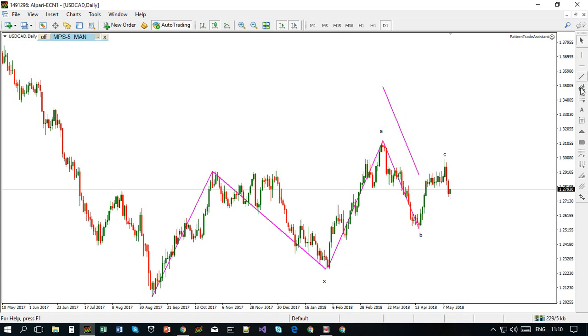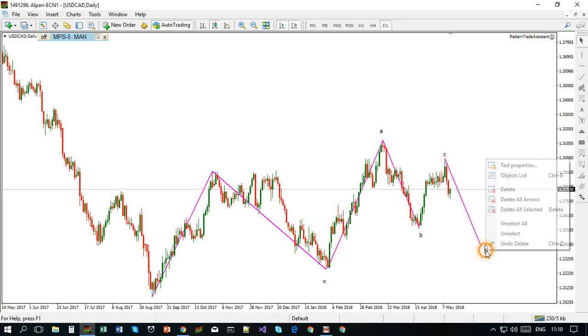Take this channel tool, it is pretty convenient to draw the ABCD pattern. Simply stretch this to the C, something like this. So the AB leg equals the CD leg. We don't have the CD leg completed yet. We have a potential CD leg.